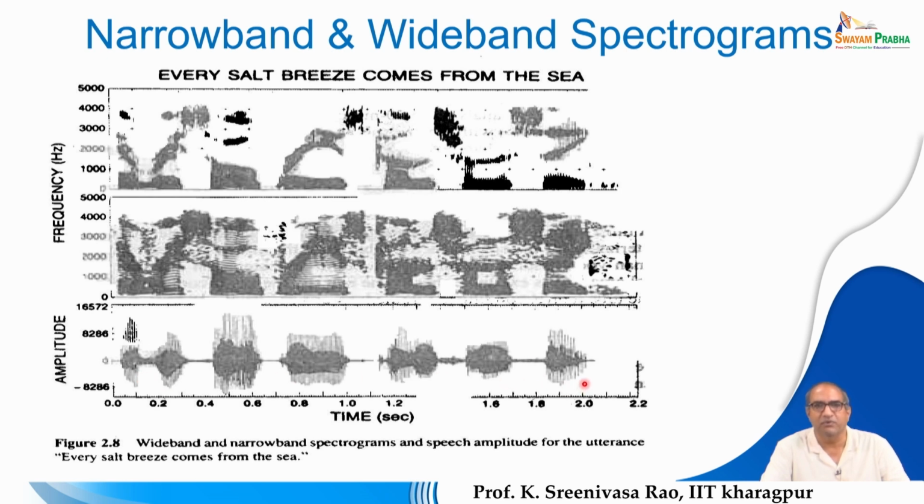Suppose the signal is sampled at 10 kilohertz, it means we are now displaying almost 20,000 samples in this duration. That is the reason you can't see the periodicity very clearly here.